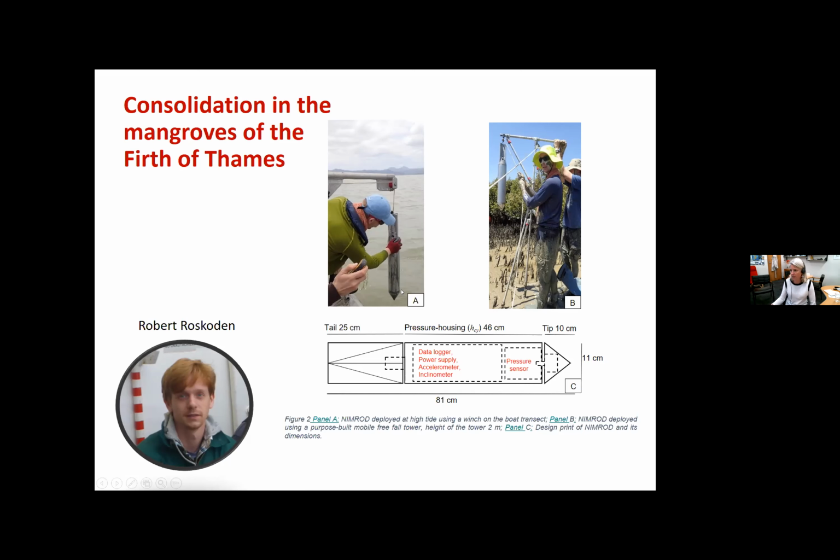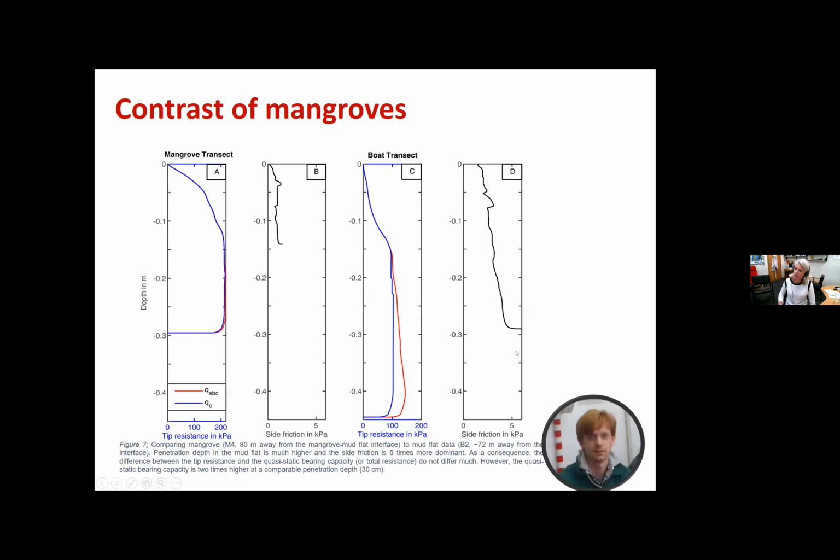And you can drop it through water, or you can drop it on land. So we took a boat and we dropped it off of the intertidal areas into the water. And then we made a big, what do you call this, a tripod, and dropped it from the tripod into the sediments. And that sort of sliced through the Nimrod.